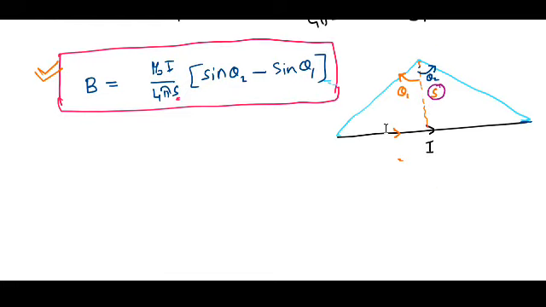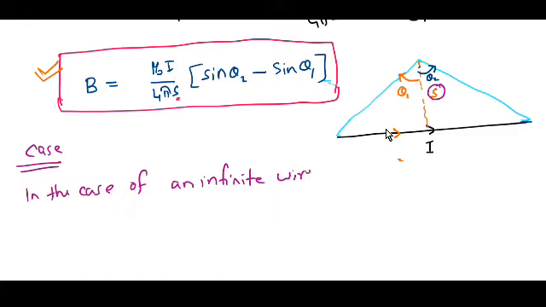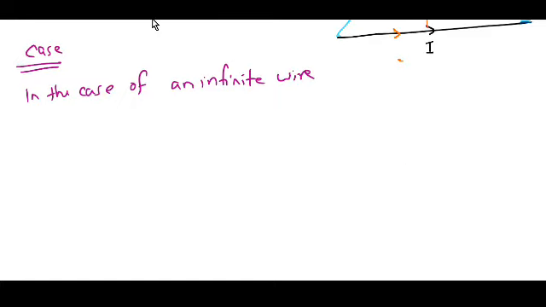What will be the situation if we consider the case of a very lengthy wire? Very lengthy means an infinite wire. Infinite wire means a wire having the largest length.